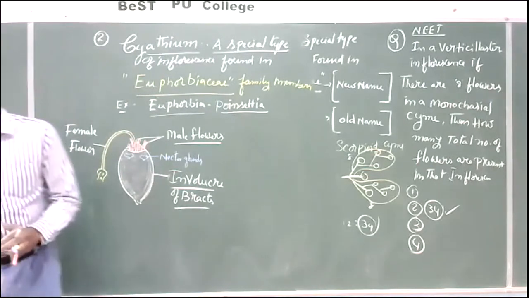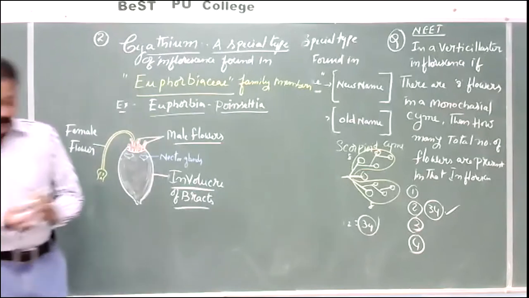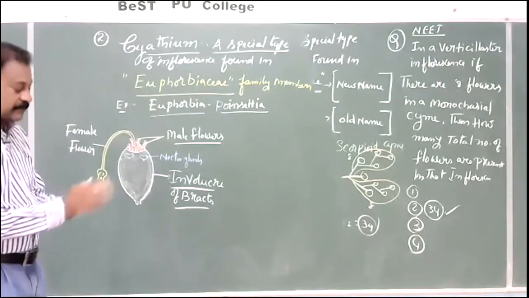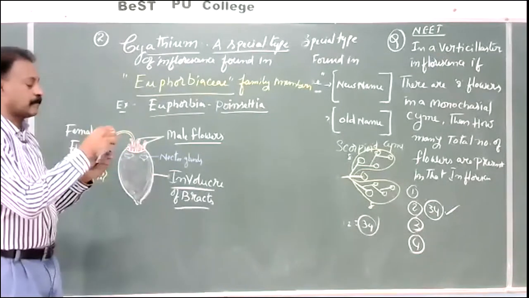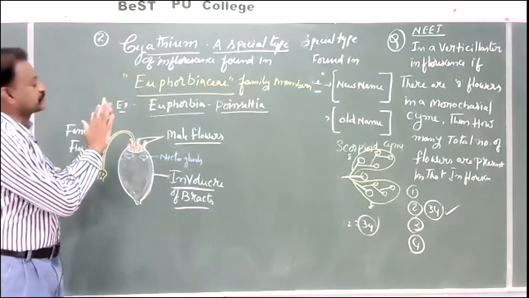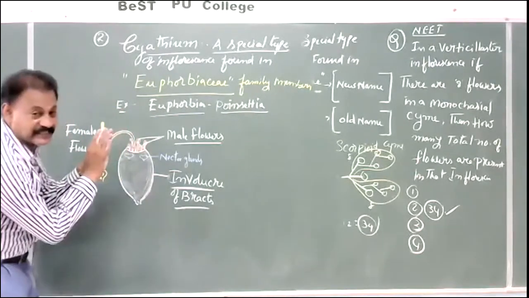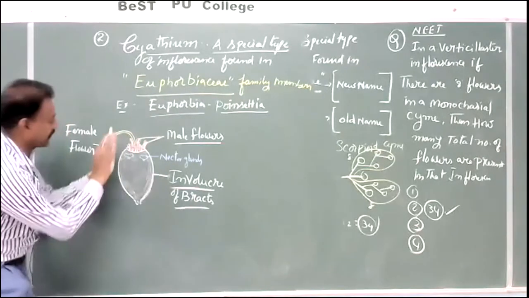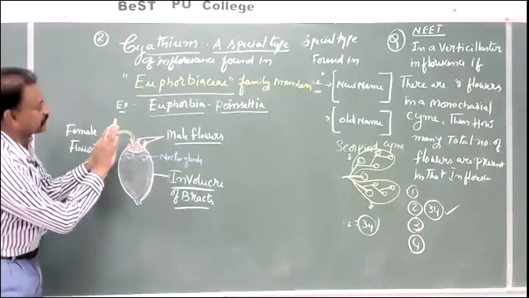And for information to show here, this is like this, a sac-like structure, where a large female flower, here nectar glands are present.